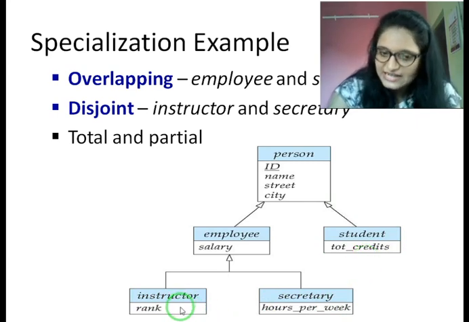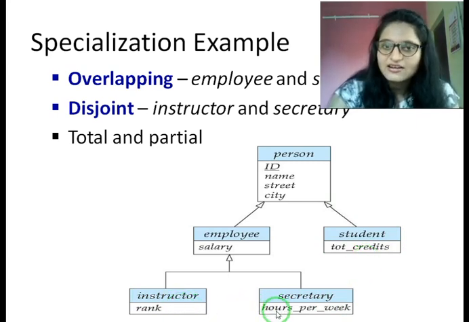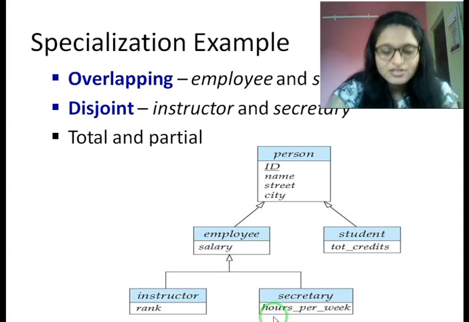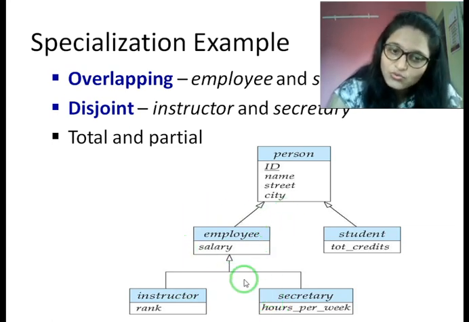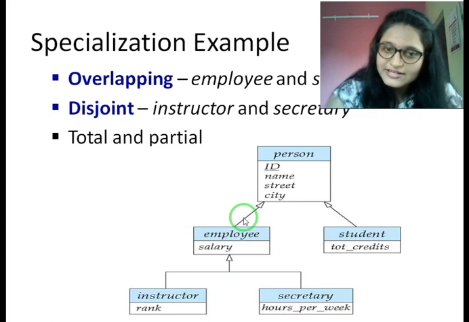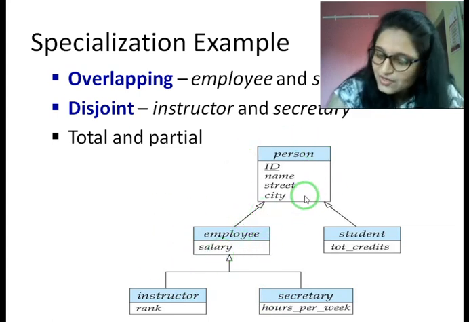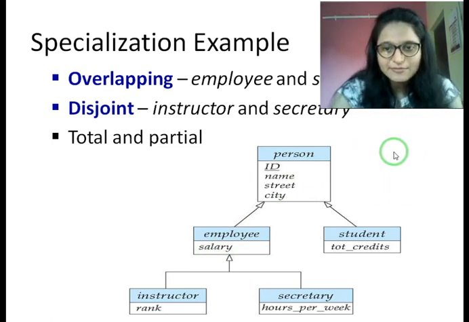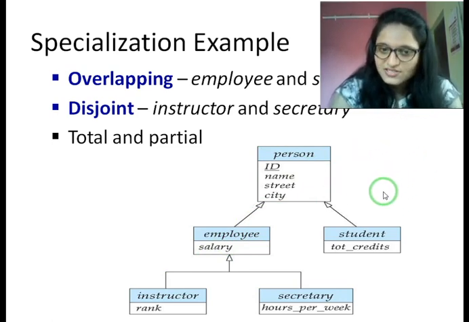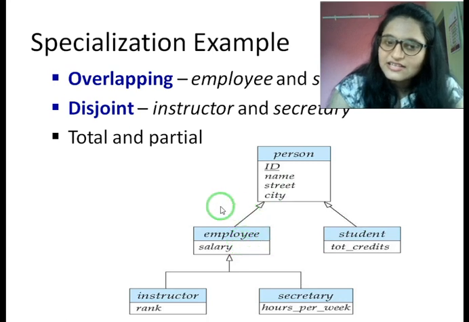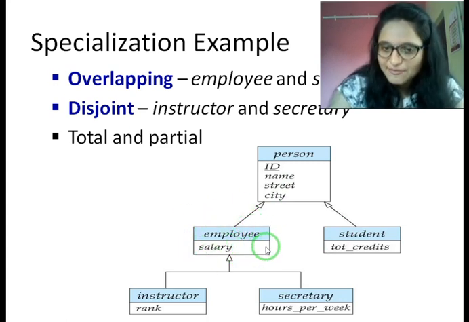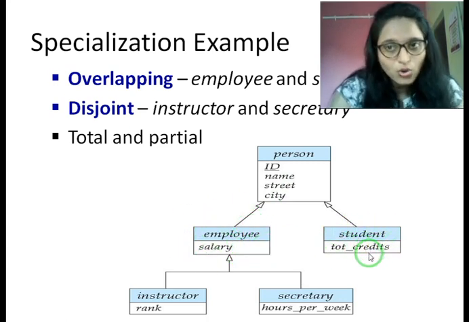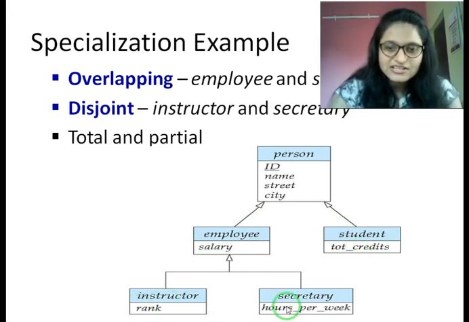Therefore we say that instructor and secretary are disjoint here, because they inherit only the properties of the employee and person classes. Okay, here there is no other entity present in parallel to person. Therefore we say employee and student perform overlapping, and instructor and secretary perform disjoint.